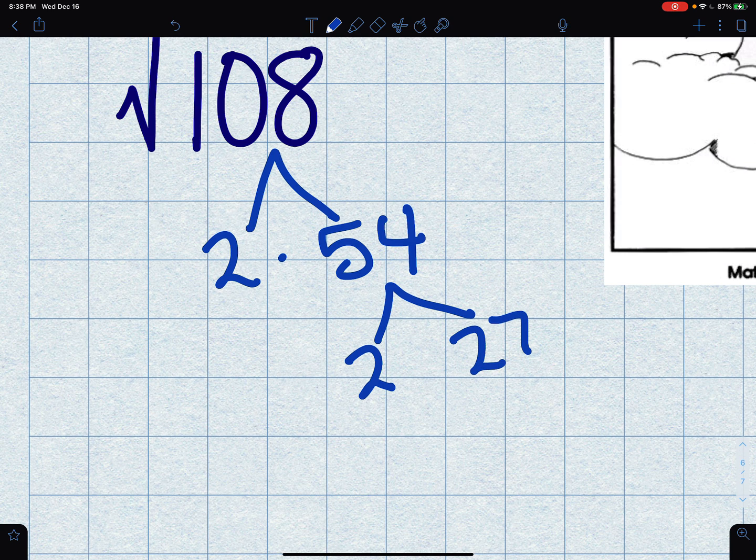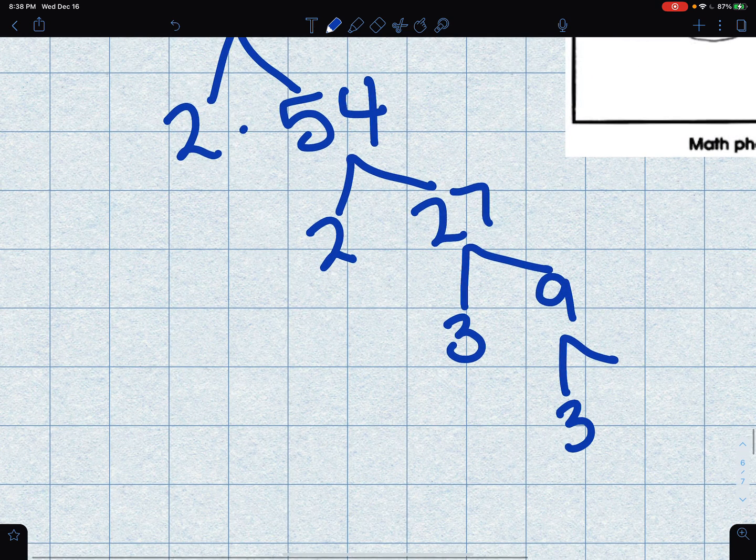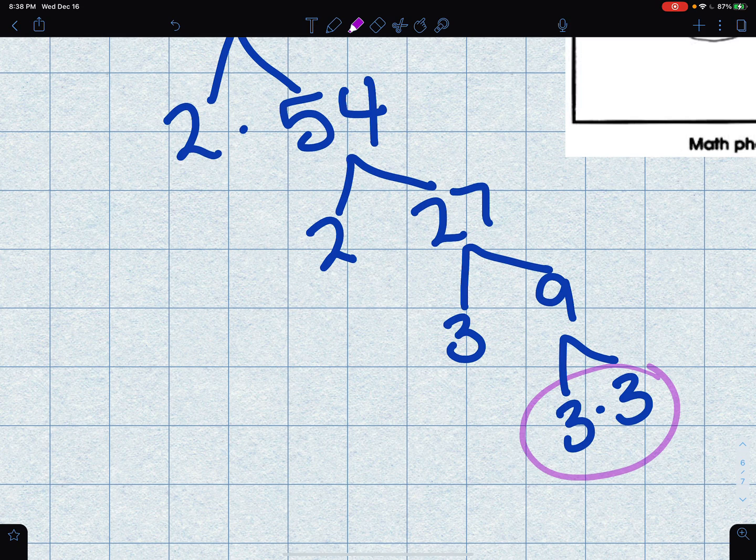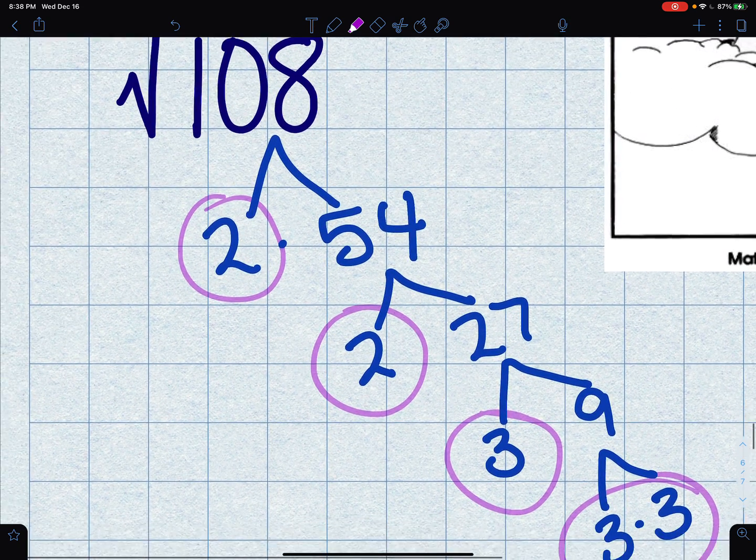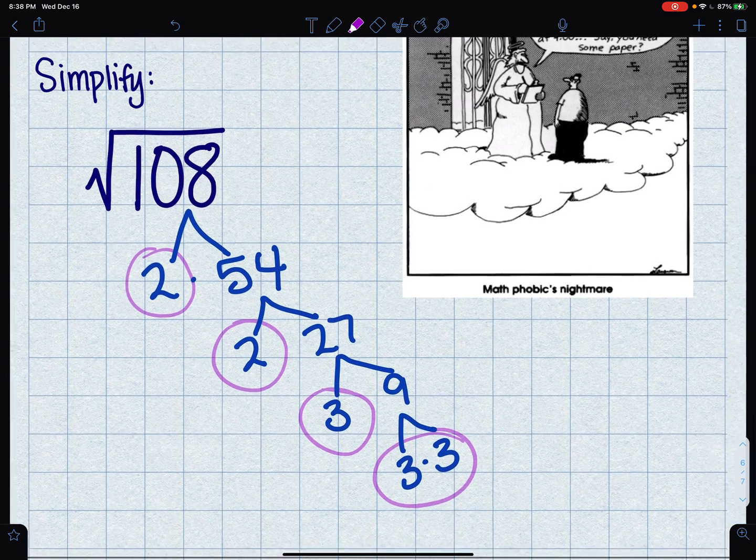And then 27 is not, you can divide that by 3, right? So you can do 3 times 9, and then the 9 breaks down to 3 and 3. So what are my primes? My primes are 3, 3, 3, 2, 2. Okay, that's it. So let's write that.